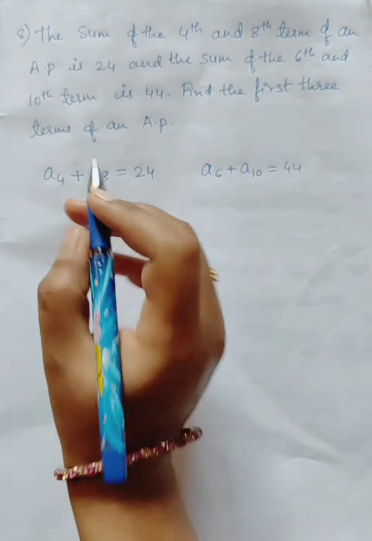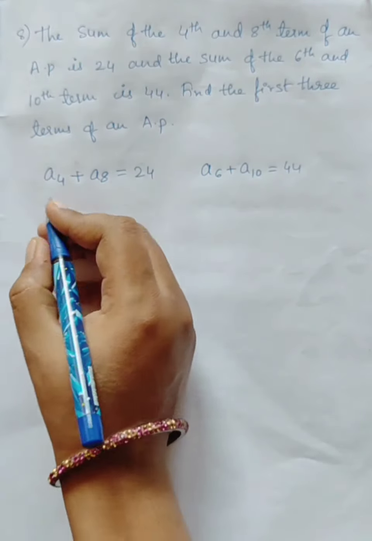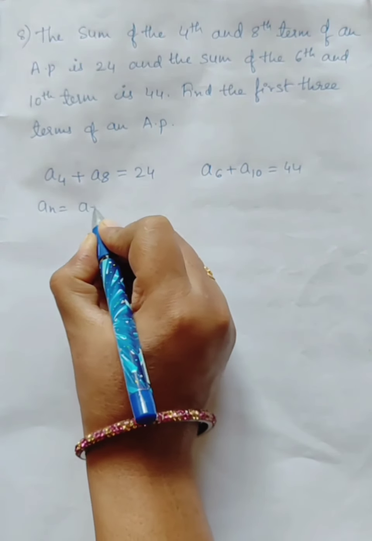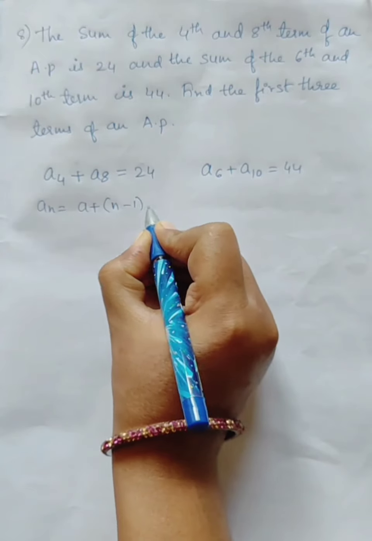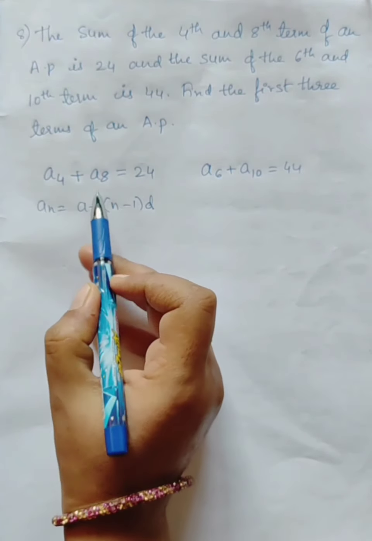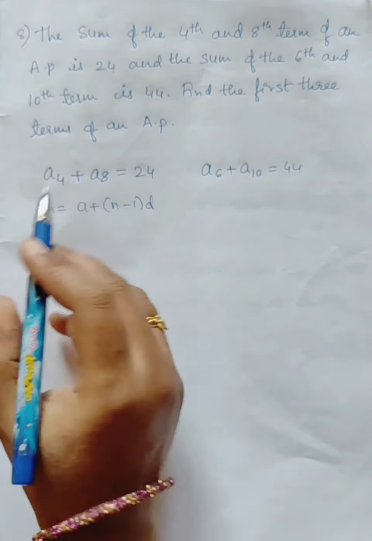Okay. So how to solve? You already know it now. AN is equal to a plus n minus 1 into d. One value I will find, the next values I can tell you directly.